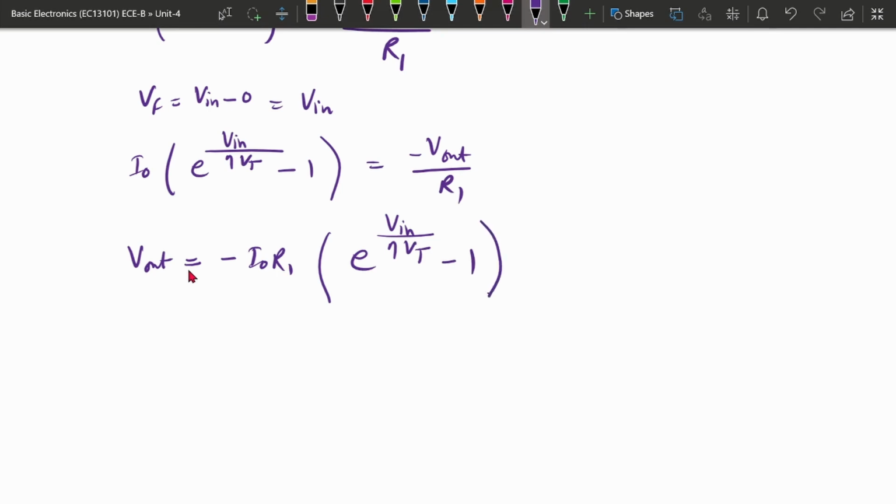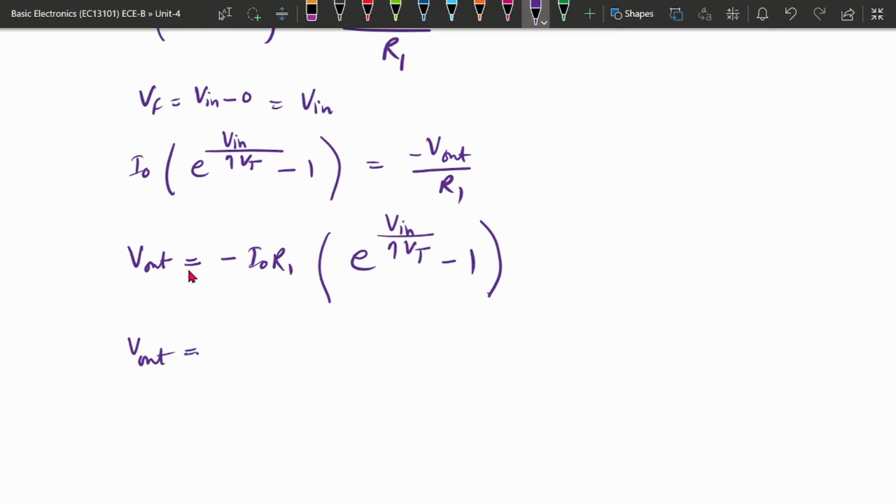Okay, so this is the expression that we have got with respect to the circuit that we have. In this case we can see e to the power V in by neta Vt, minus 1. Okay, so a similar expression we can see.